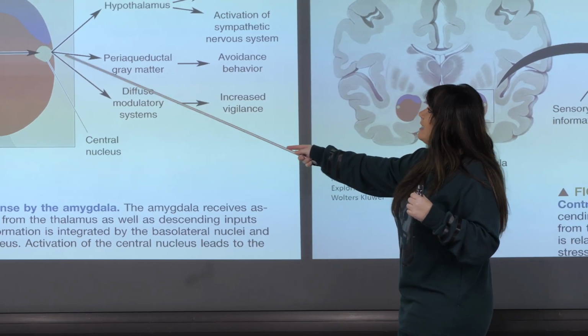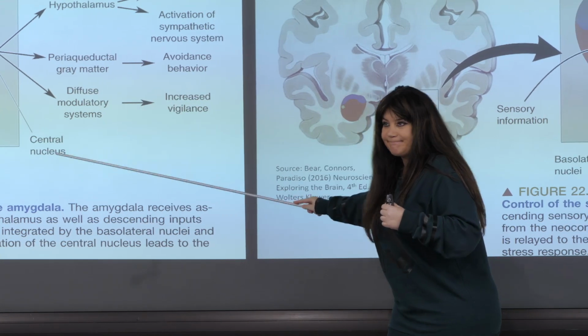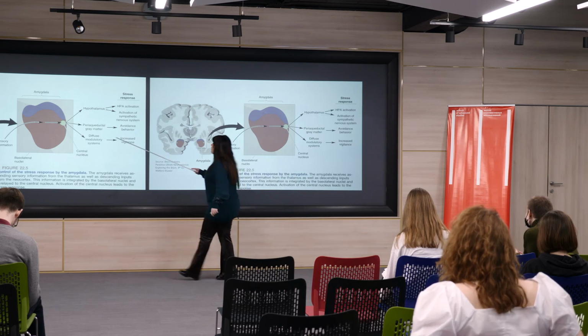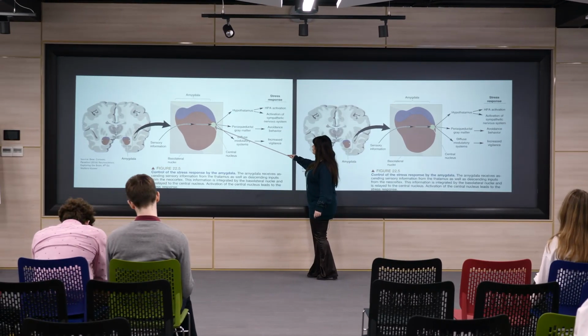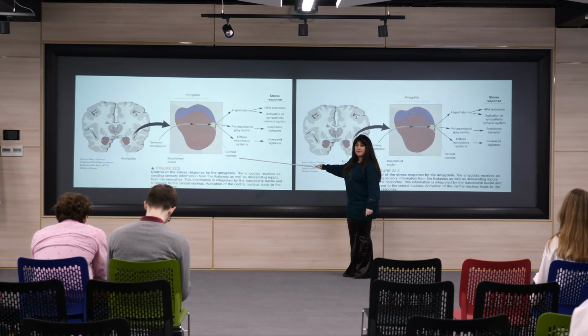And from there, look at the projections of amygdala. Hypothalamus. So here you see the central nucleus of amygdala is sending the signals everywhere.